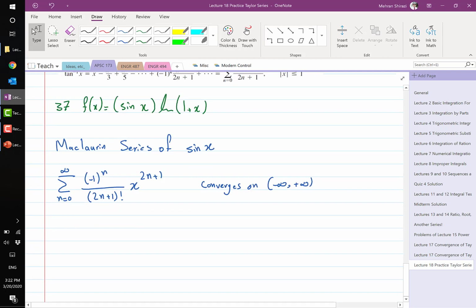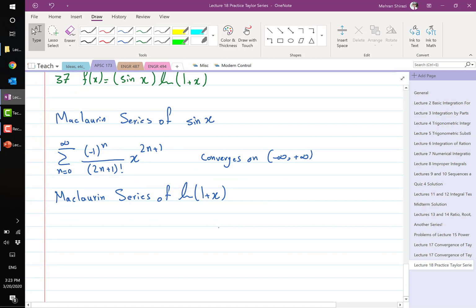And the Maclaurin series of ln of 1 plus x is also given above in the table. I'm going to use it.